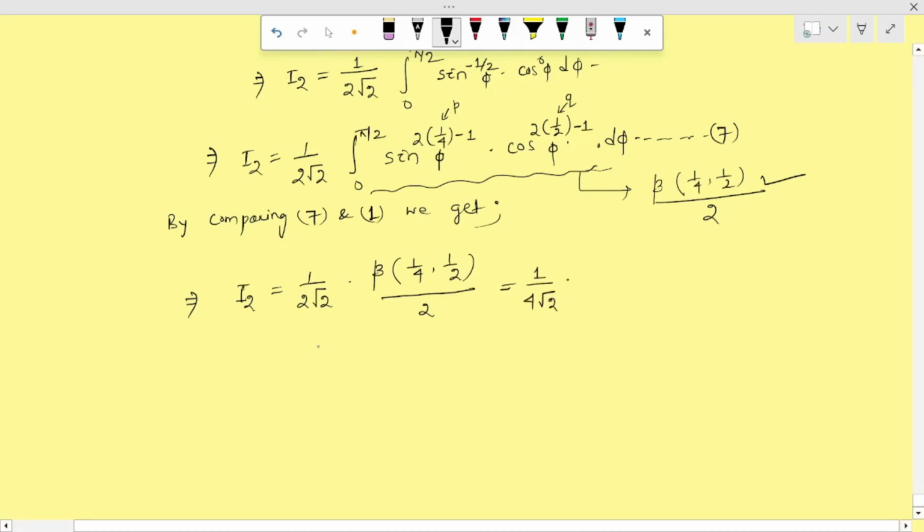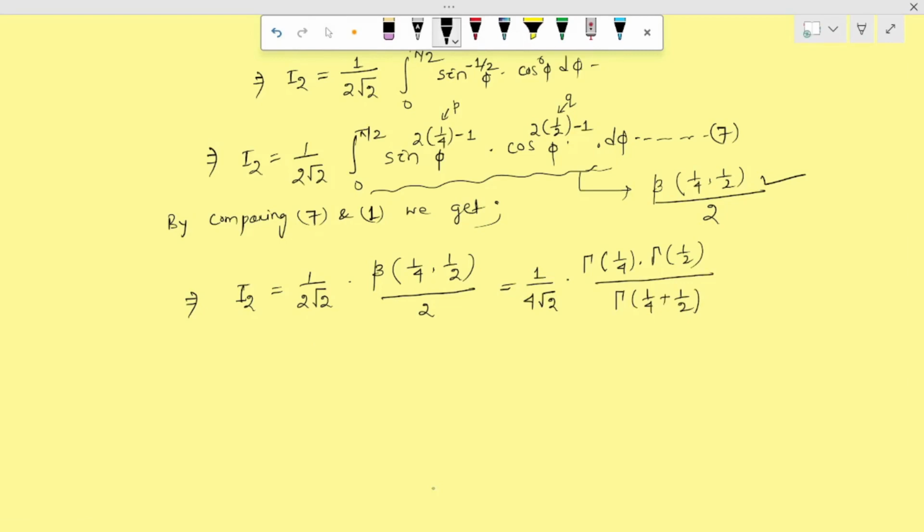This will be equal to, by using the relation between beta and gamma function, gamma 1 by 4 into gamma 1 by 2 by gamma 1 by 4 plus 1 by 2.